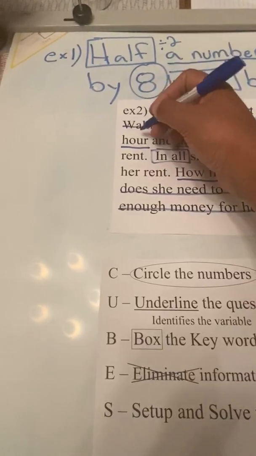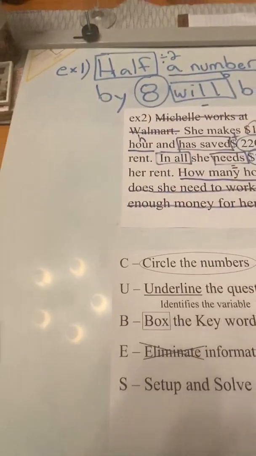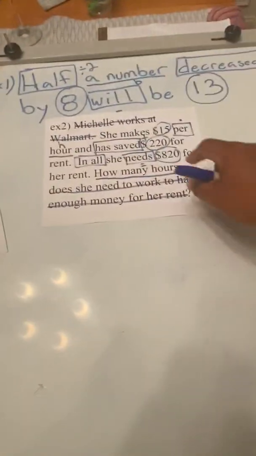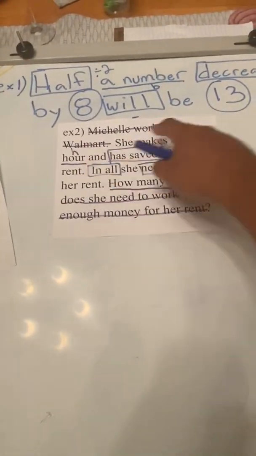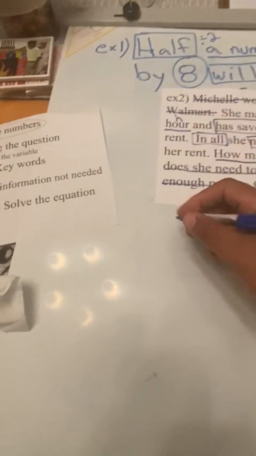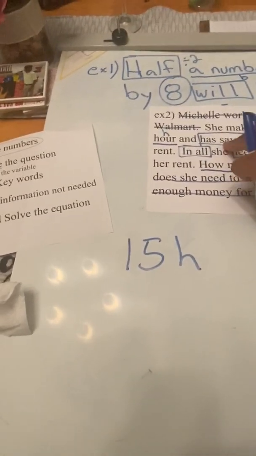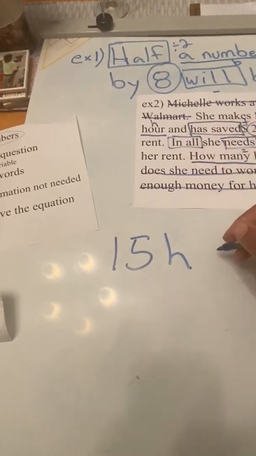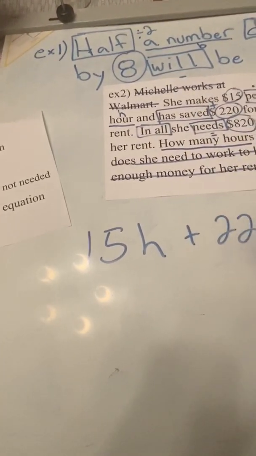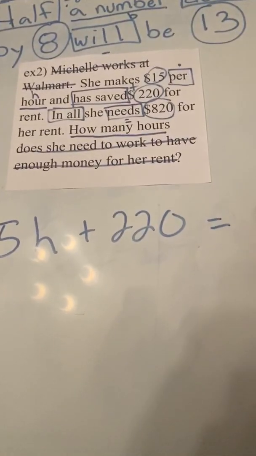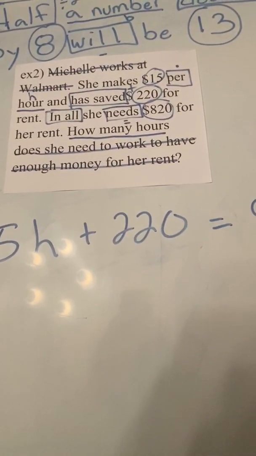Let's call that H. Now we can set up the equation. 15 per hour, so 15 times H is 15H. Has saved in all, we know it's plus 220. And needs is equal, so that equals 820.